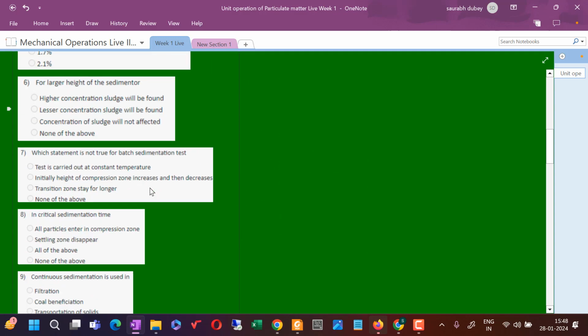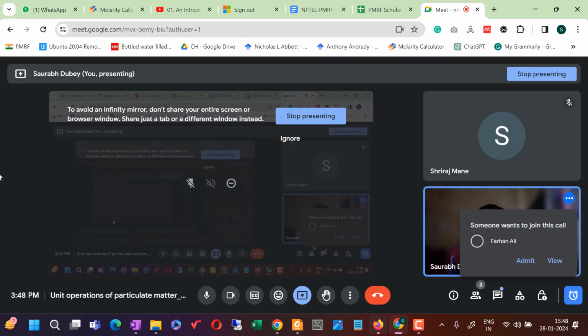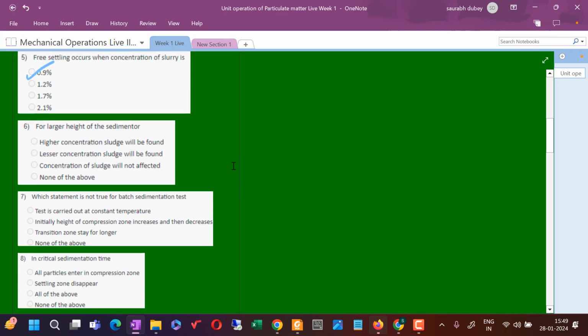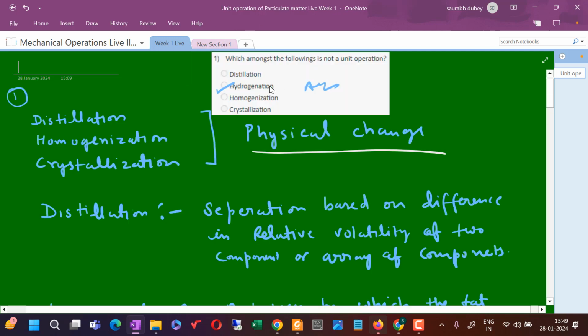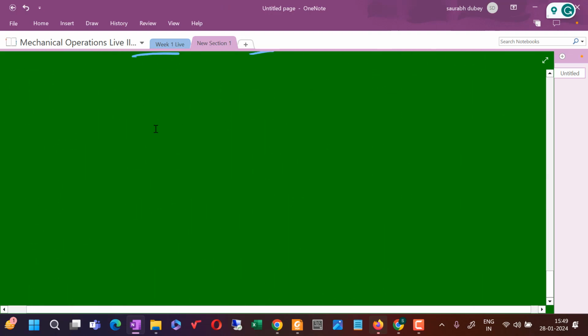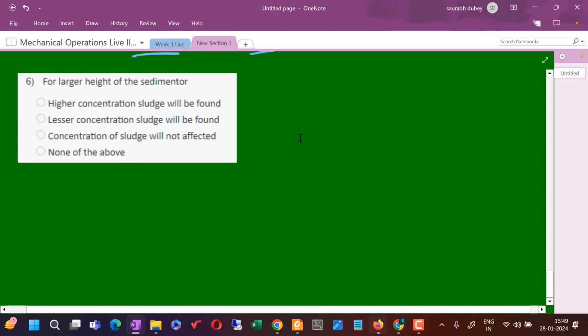Now somebody came, or I have to admit Farah. Okay. So for the larger height of the sedimenter, like we were talking about how sedimentation depends on the size of the particle and so on. This sixth question is: for a large height of the sedimenter, what is the correct choice?